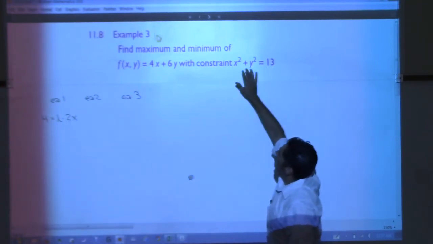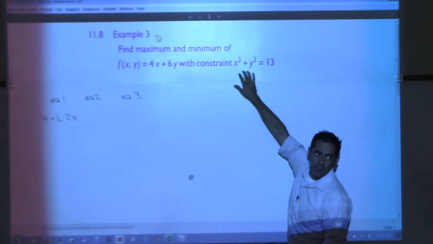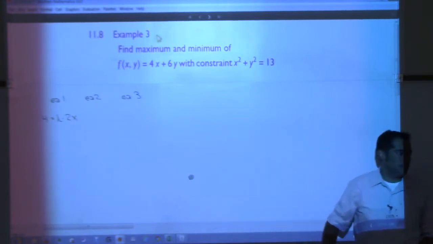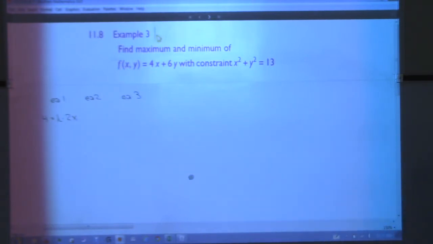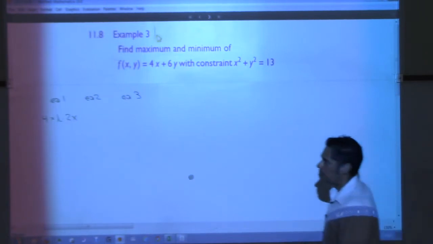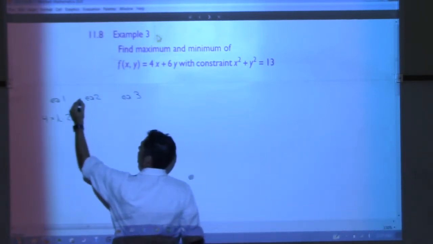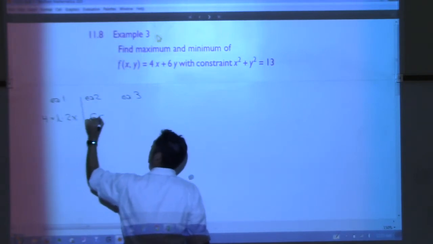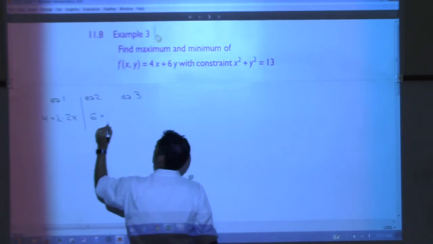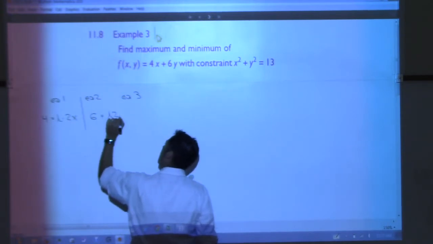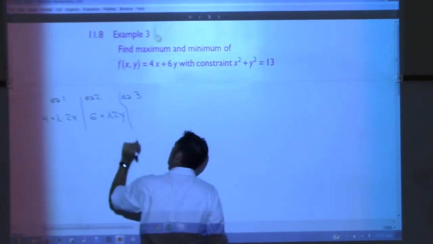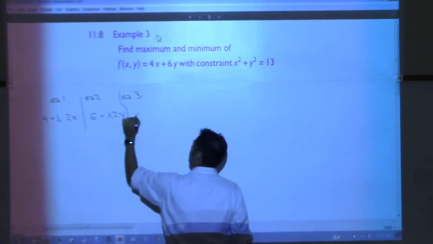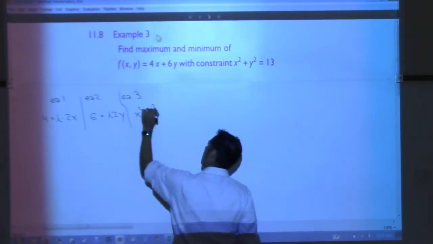You're setting it equal to the partial of g with respect to x, which is 2x, and then multiplying times lambda. Is that fair, everyone? No questions about that? Next one. 6 equals lambda times 2y. And then what's our last equation? The constraint, right? The constraint equation.